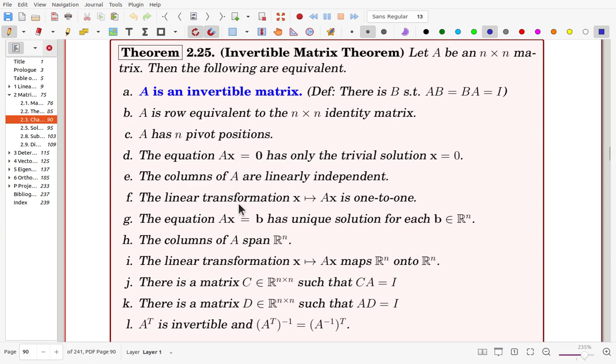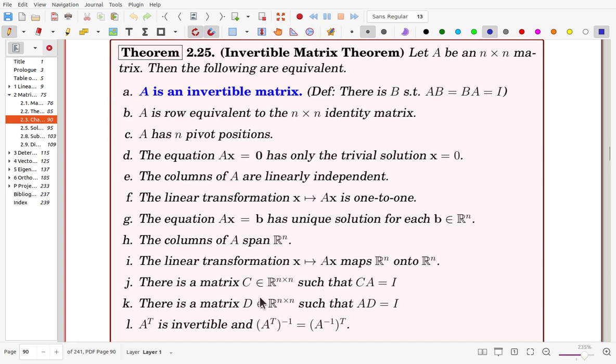Here, each statement is equivalent. The columns of A span Rn. That is also the same as this one. And if this linear transformation is 1-to-1, then it is also onto. J and K are quite similar to the original definition of invertible matrices, but here only a one-sided inverse is required.